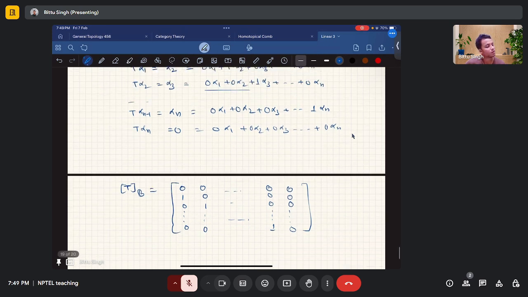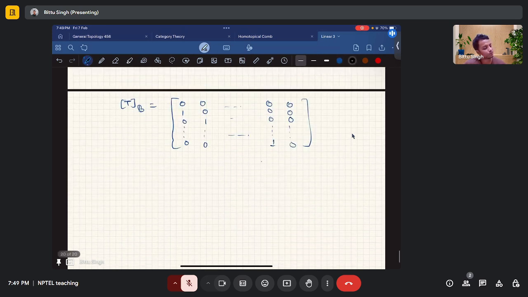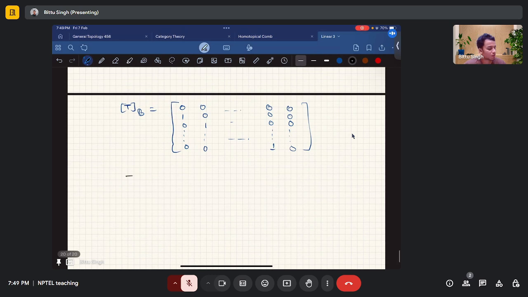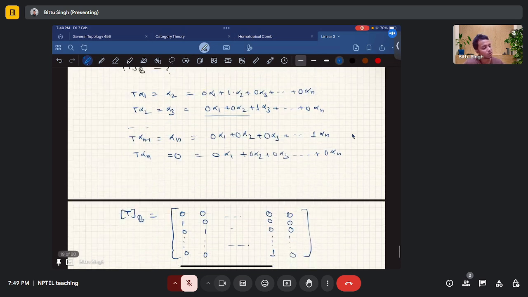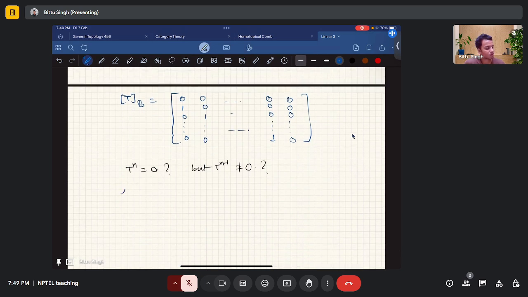Now another question: can you see T to the power n equal to 0, but T to the power n minus 1 is non-zero? So let me show whether this is true or not. What does T do to alpha 1 up to alpha n?